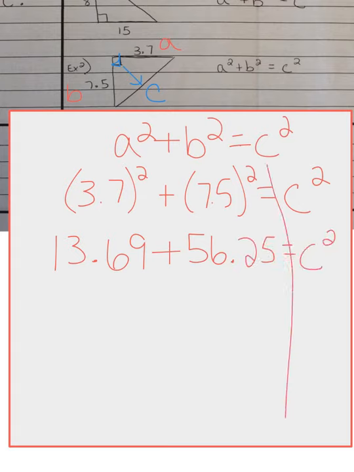Remember, we like to draw our line down our equal sign when we're solving. We're practicing solving equations here. We need to add these two numbers together, and we get 69.94 equals c squared. We're not done because that equals c times c.